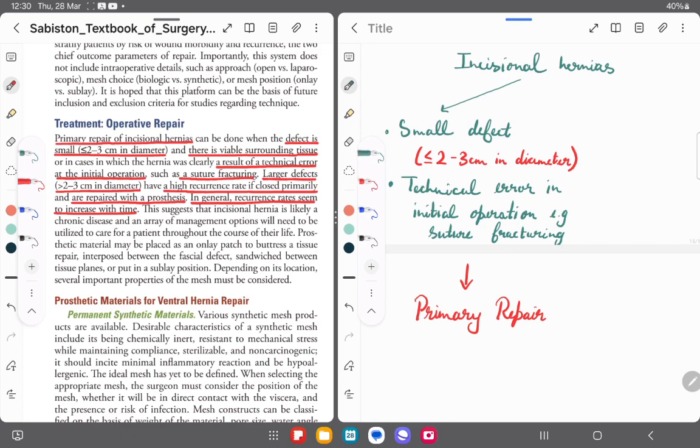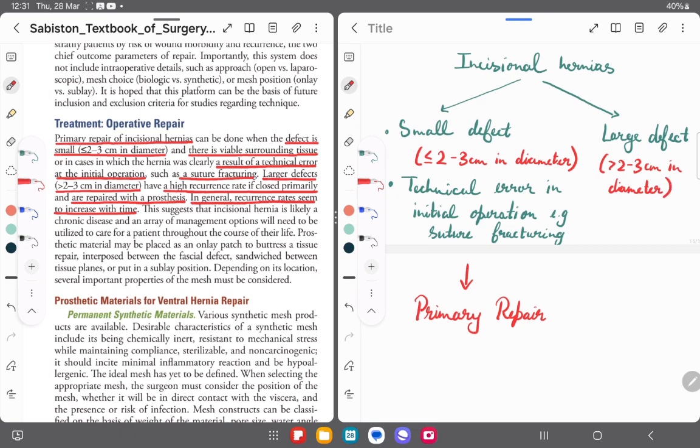And if the defect is large, that is more than 2 to 3 centimeter in diameter.